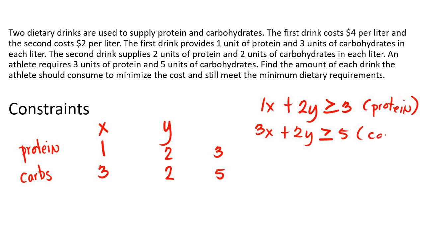That is under the carbs. And our non-negativity constraints, that is our x and y, should always be greater than or equal to 0. Those are our constraints. So given our constraints, we can already compute for the graphical solution.